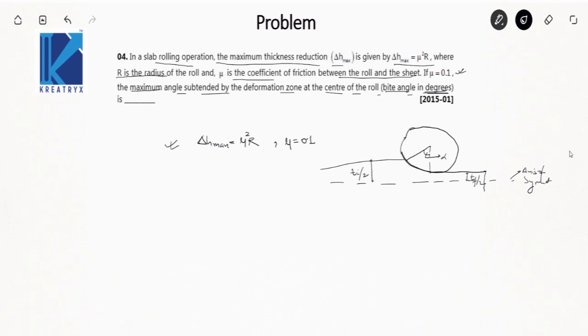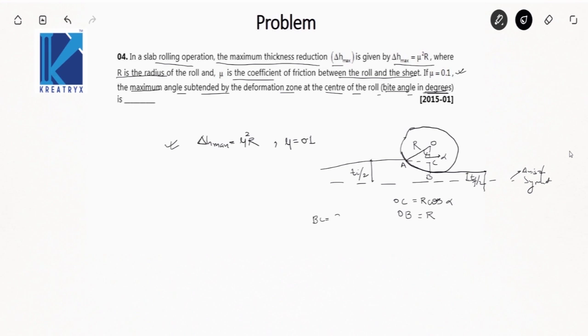Now if this is radius R, so from trigonometry we can say that this is, let's say, O, A, B, and this is C. OC is equal to R cos alpha, and OB is equal to R. And now what they have asked is basically BC.